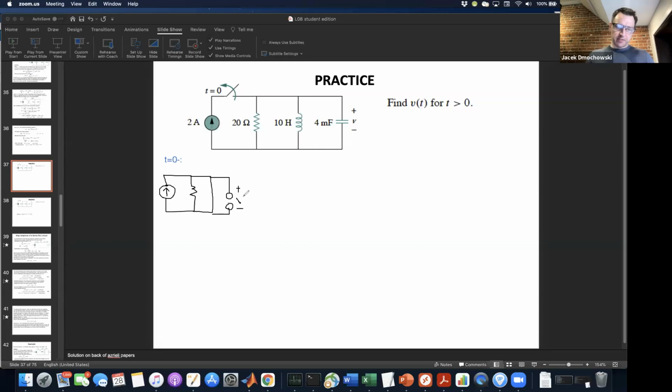This is defined as V. I'm going to call this, by convention, I. And this is 2 amps. Okay, so who can tell me the initial value of V here in this picture? In the picture that I just drew. We have an audience answer.